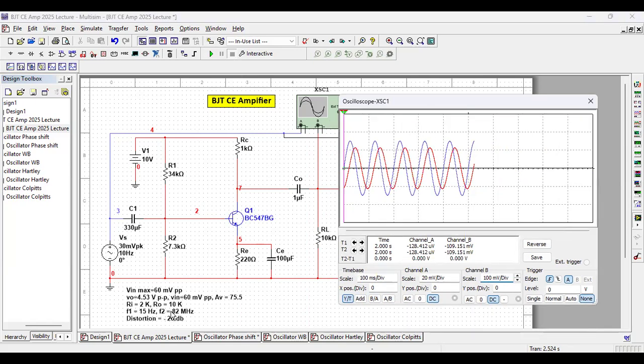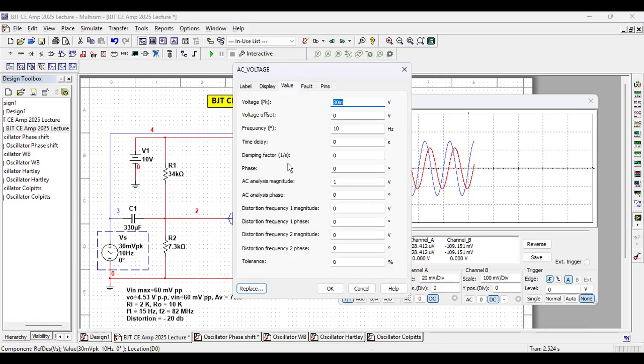The upper cutoff frequency is 82 megahertz. Let us run this amplifier at 100 megahertz, above the upper cutoff frequency.